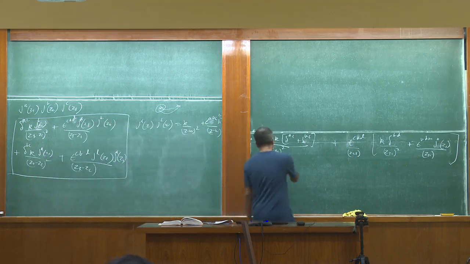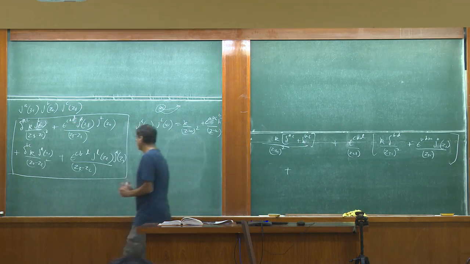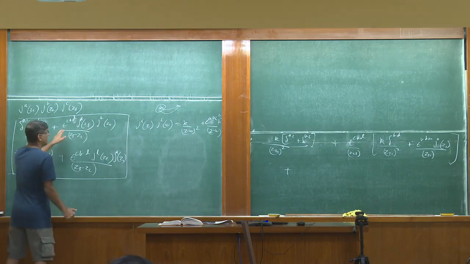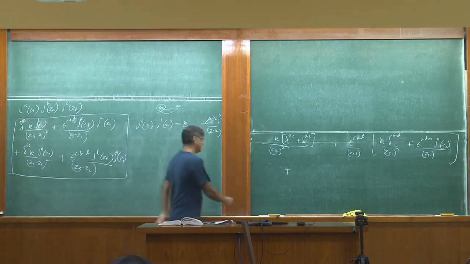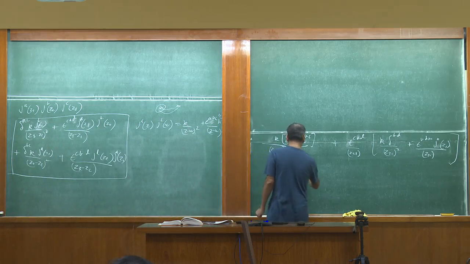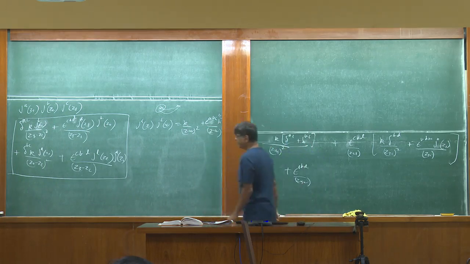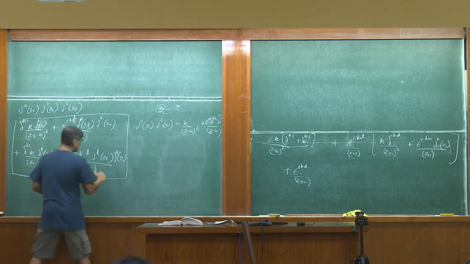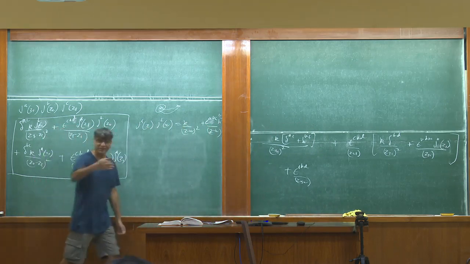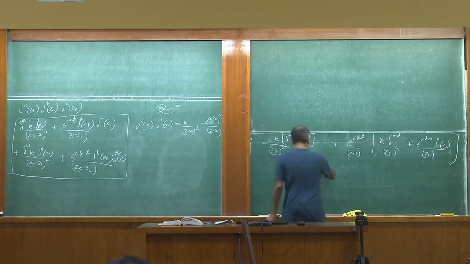Now in the next guy we do something similar. So we write epsilon CBD BD divided by Z32. Then, once again, let's take 2 to 1, so the operator upstairs becomes 1.